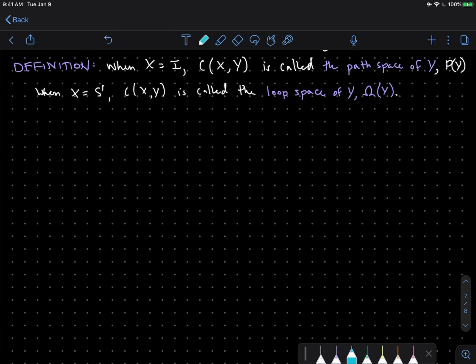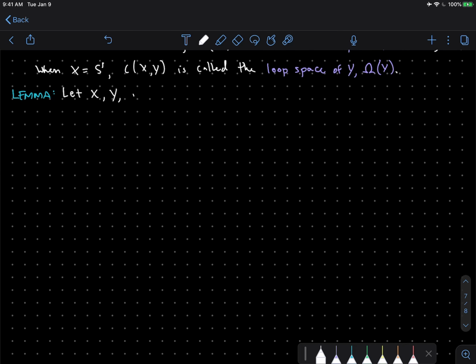I'll leave you off with an important lemma that I won't prove, but you should feel free to either try to prove yourself or look up a reference. So let X, Y, and Z be topological spaces.